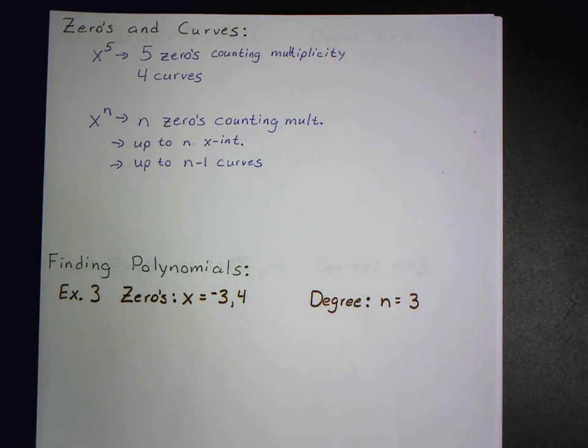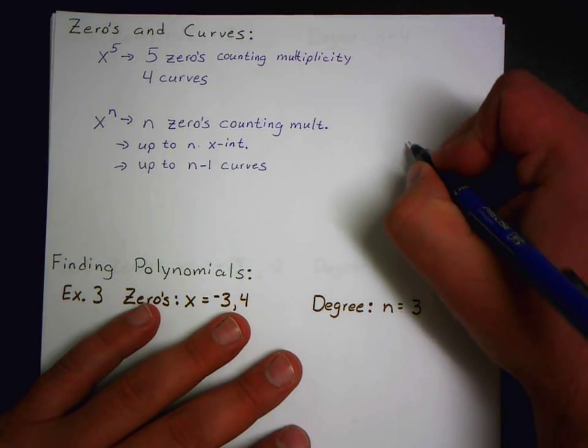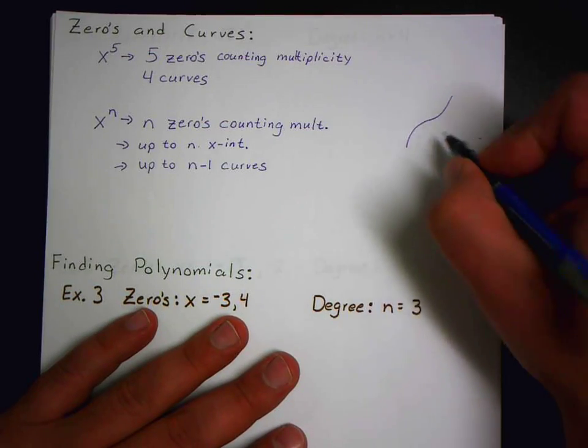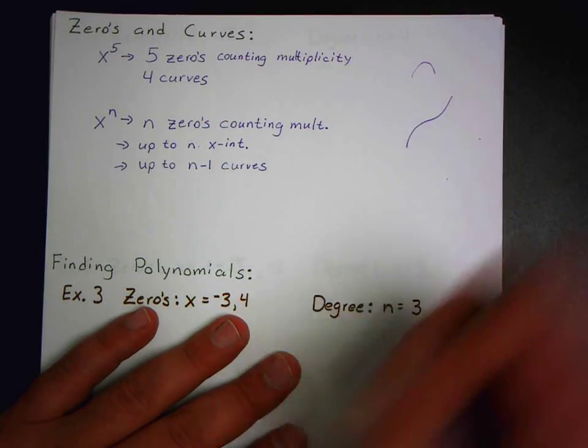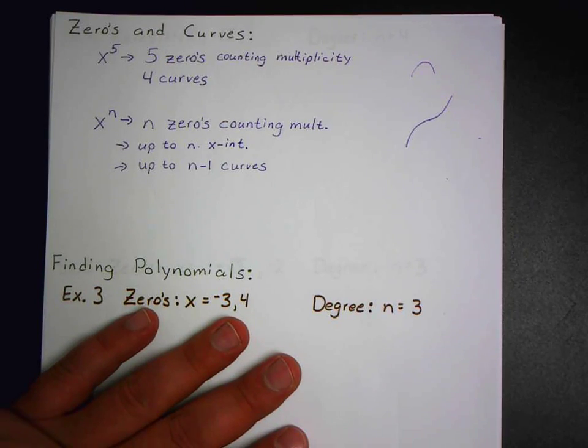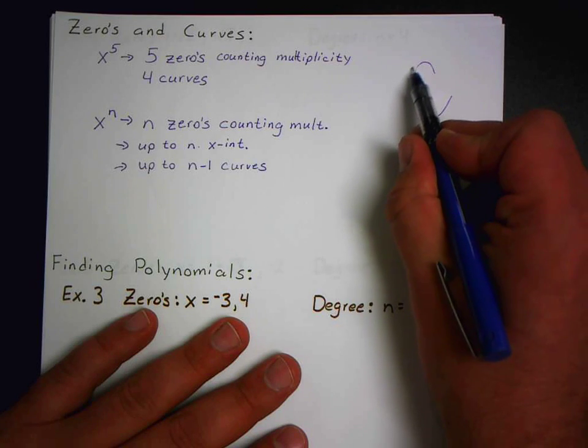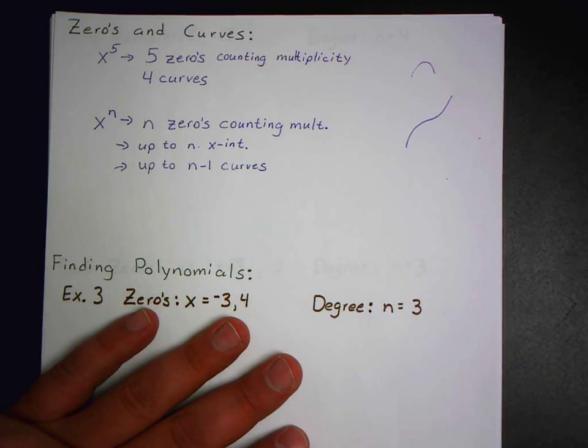But all the rest of them have, yeah, it gets iffy. Because if I take an x cubed graph, technically that's a curve, but that's not a curve in the sense of going like that. Where we're talking about the curve, we're talking about this. So when we're talking about the curve, we're talking about change in direction.